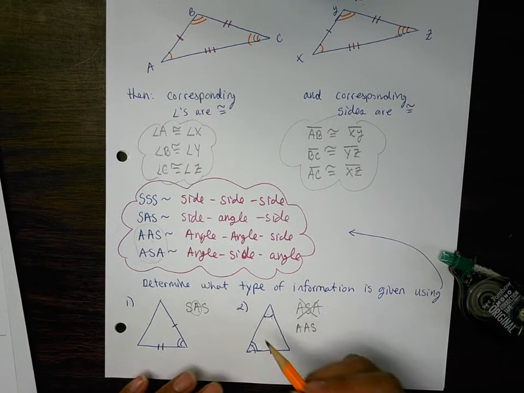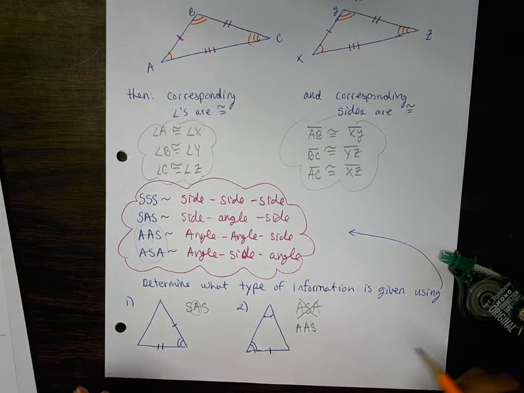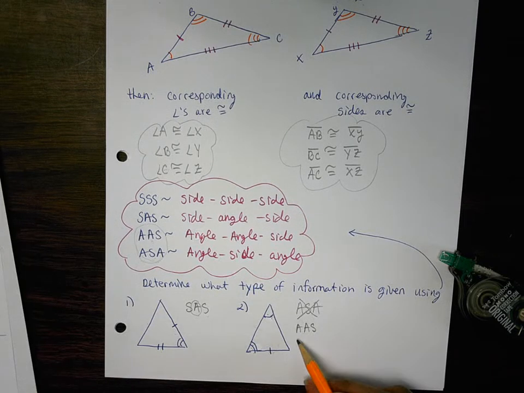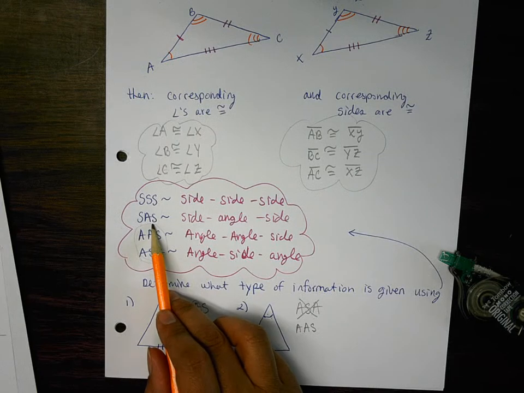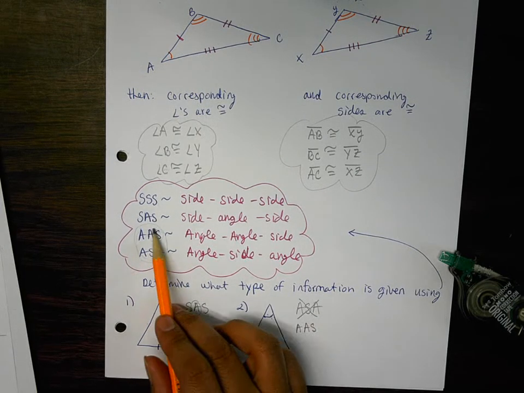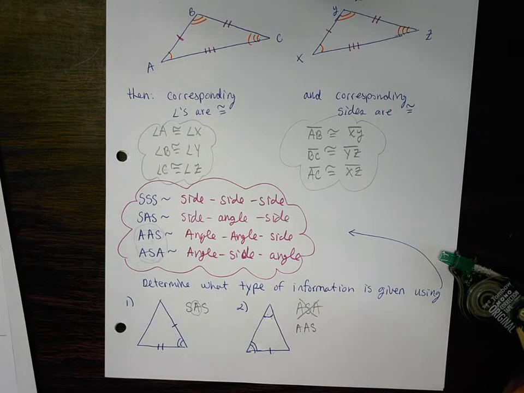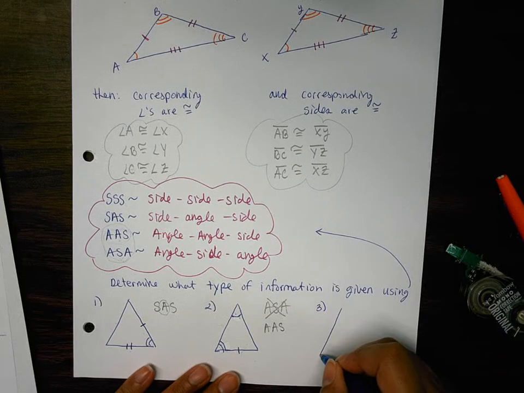Is that okay? Yes, the order matters, but if you're just, instead of reading it forward, you're reading it backwards, that is okay. And that's really the only one that matters because this one backwards is the same thing, this one backwards is the same thing, and that one's backwards is the same thing. So that's the only one. If you put SAA, that is okay. All right, number 3.